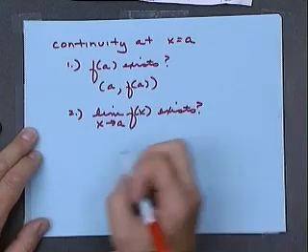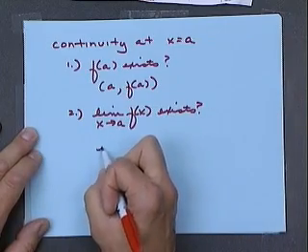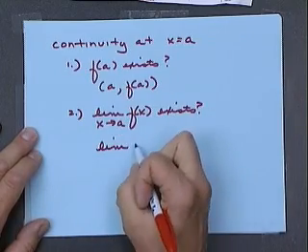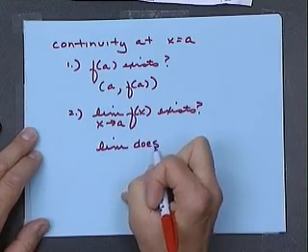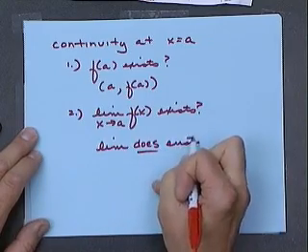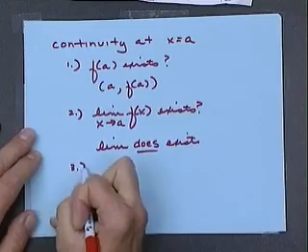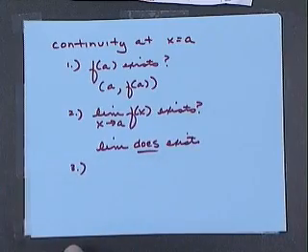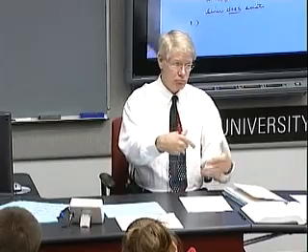So let's say the limit exists. Then we would go on. If the limit does not exist, meaning we're not converging on the same value from both sides, then we're done.